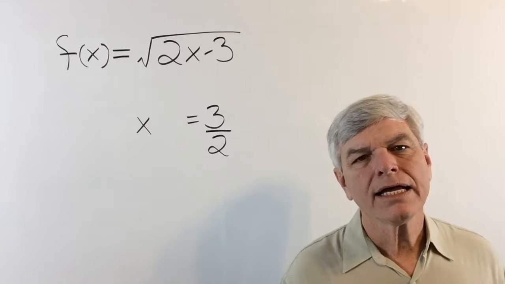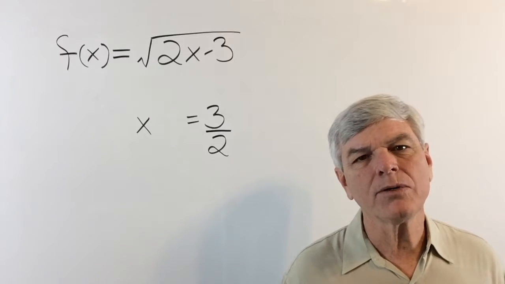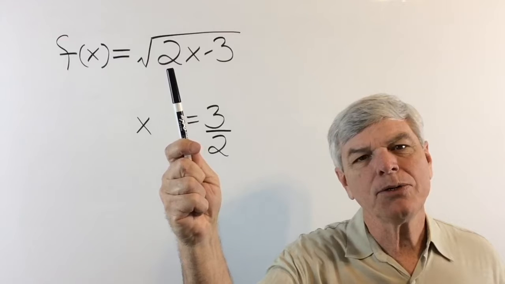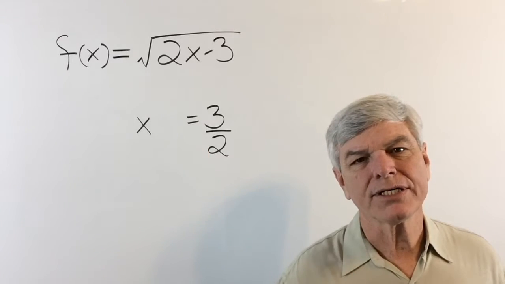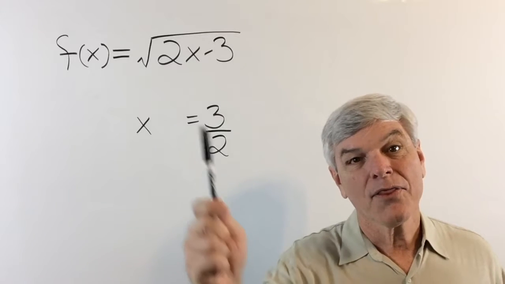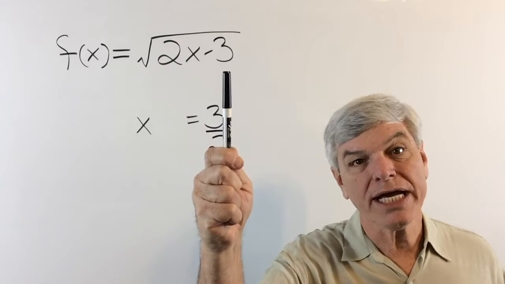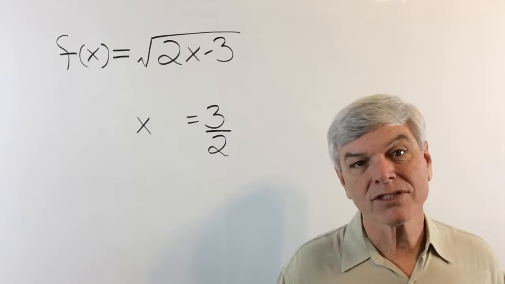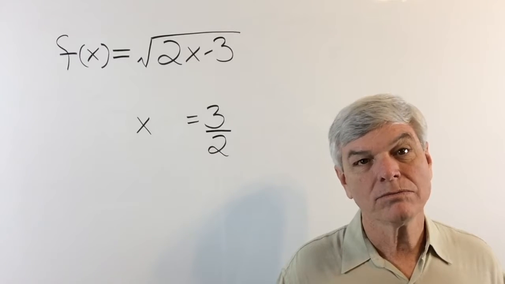Okay, if x equals 3 over 2, let's substitute that back in there. 2 times 3 over 2 is going to be 3. 3 minus 3 is 0. Well, can we have a square root that is a 0?